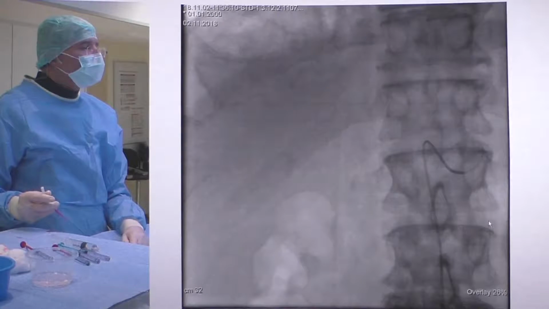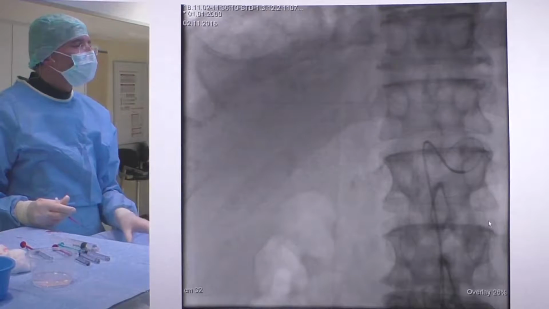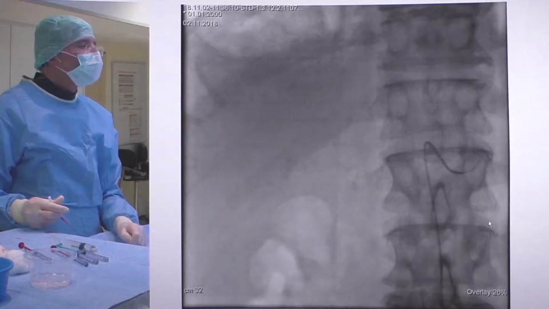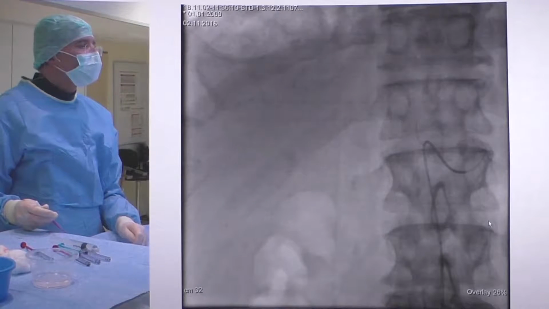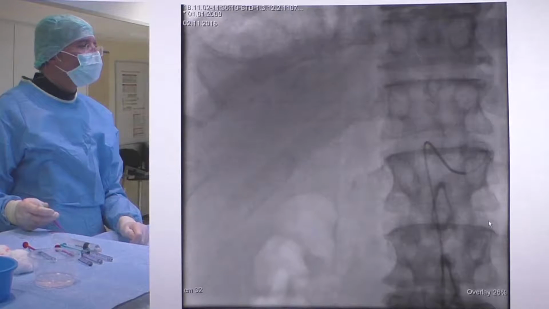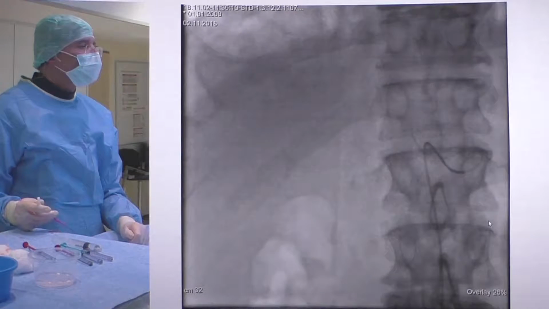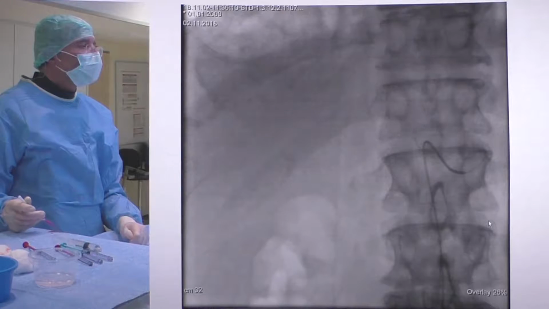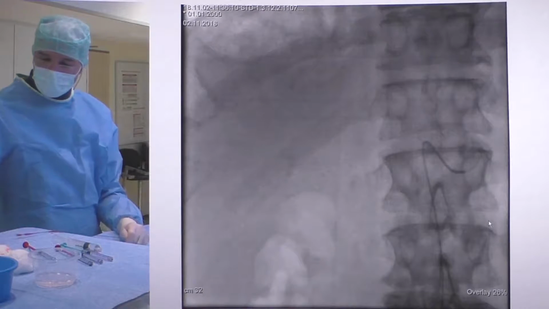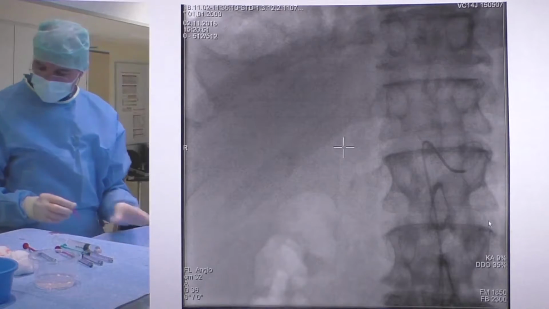We're now in the gastroduodenal artery. Now it's gone to the left, fortunately. Now let's have a look.